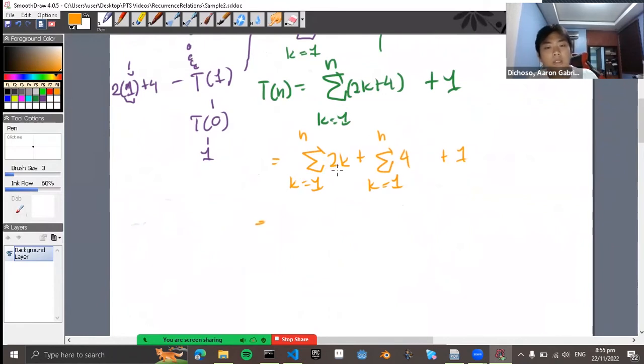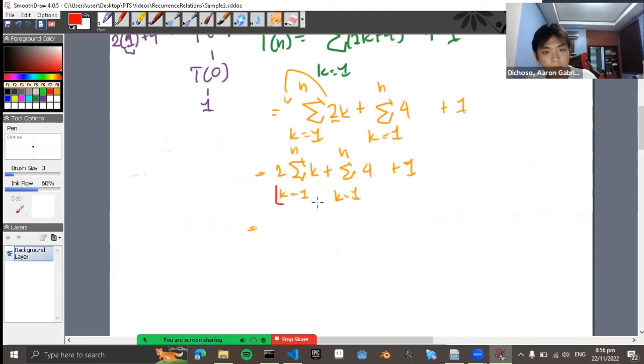Now, next part. This one, I could factor out the 2 out the outside. You would get 2 times k equals 1 to n, plus k equals 1 to n, 4 plus 1.